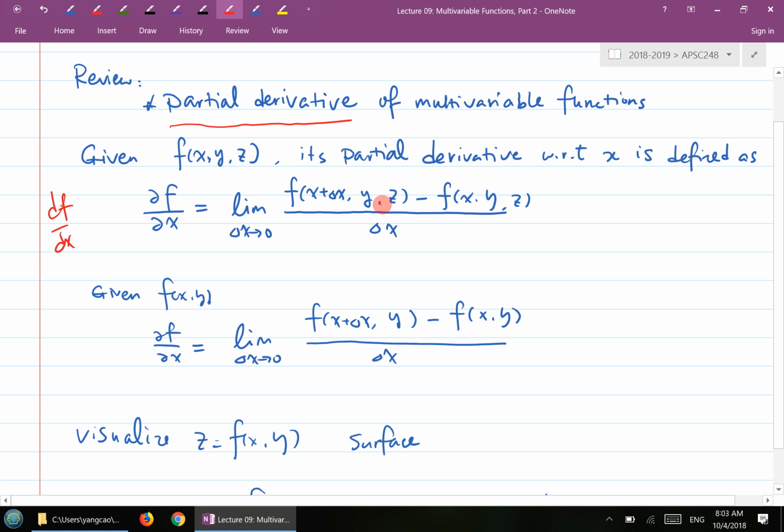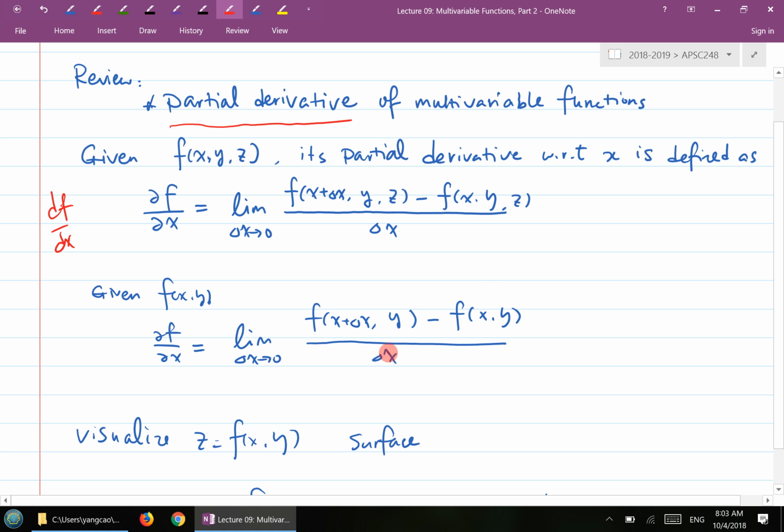Of course, you still have the y and z here, but other than that, the formality of taking this limit is very similar to a function of a single variable. Similarly, if it's a function of two variables, you can define the partial derivative as it is. This is the more general case than this one here. So that's the partial derivative.